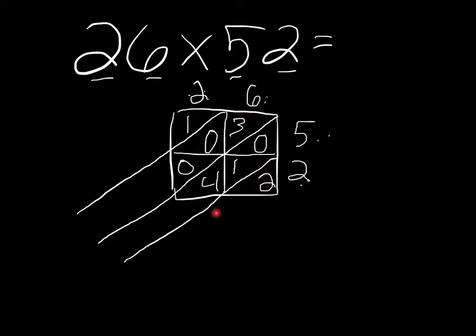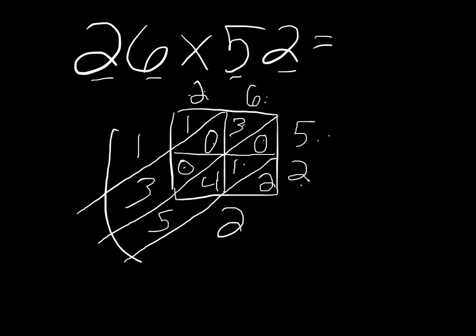First, this diagonal only has one number in it, 2. This diagonal has 3 numbers in it. This diagonal has 3 numbers that need to be added, and this diagonal only has 1 number. So let's go ahead and add them up. 2. 0 plus 1 plus 4 is 5. 3 plus 0 plus 0 is 3, and this diagonal also only has 1.